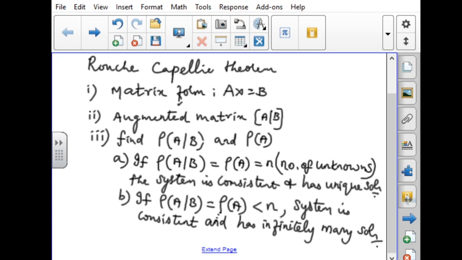So the second condition is if rho of [A|B] is equal to rho of A less than n, the system is consistent and it has infinitely many solutions.